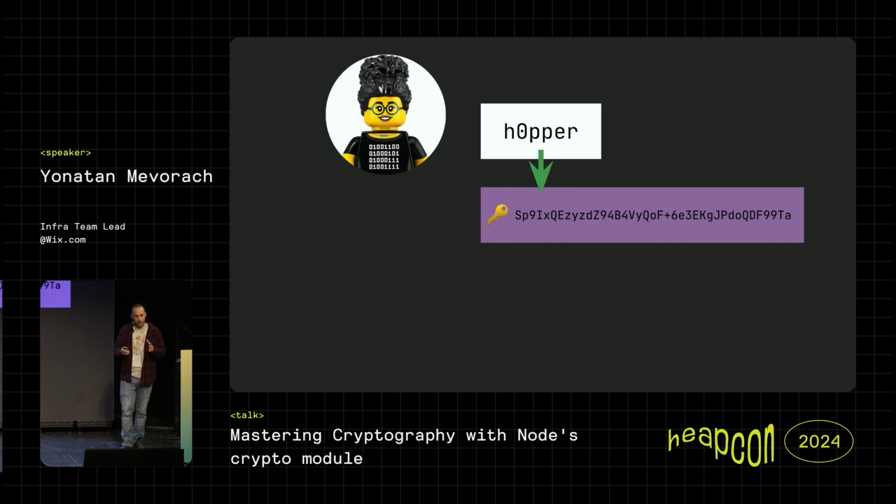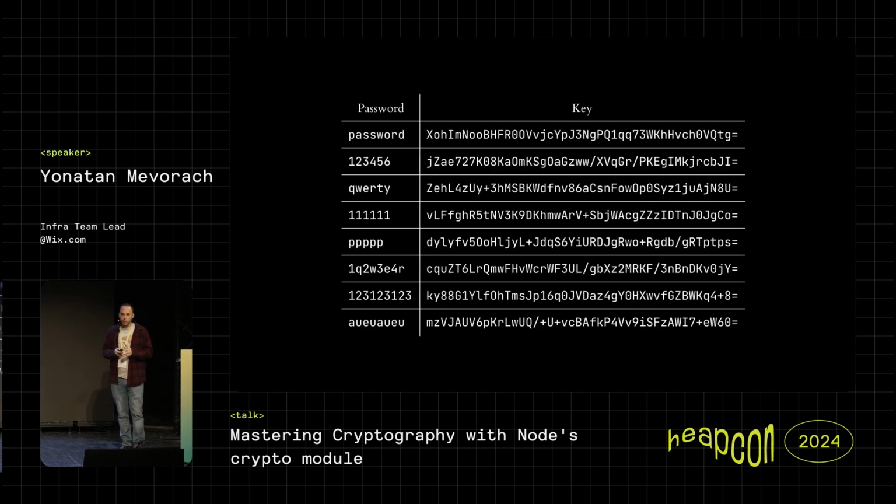But if you think about it, Eve doesn't have to do this. She can go online and find the list of the most used passwords, compute the KDF value for each one, perform this only once, and keep it and then try to break the encryption later. Or she can go online and find somebody who already did this and just find the keys. And then the KDF only made our encryption process more complex, but it didn't add anything to our security.